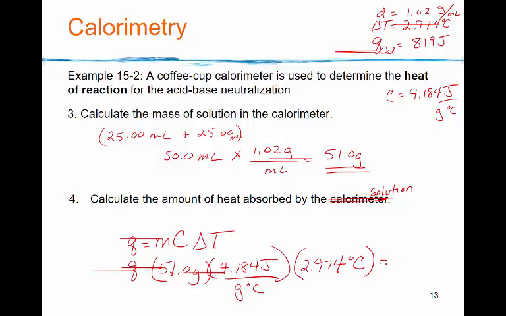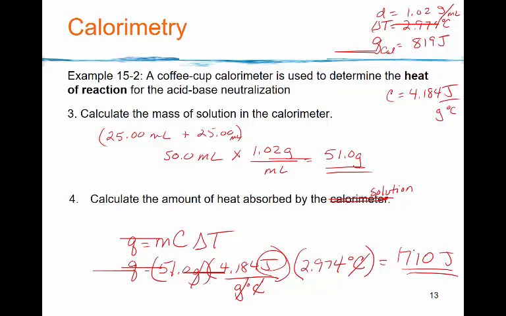All right, and then we multiply all that together. Everything should cancel, leaving us with joules. And so that should give us approximately 710 joules that is absorbed by the solution.